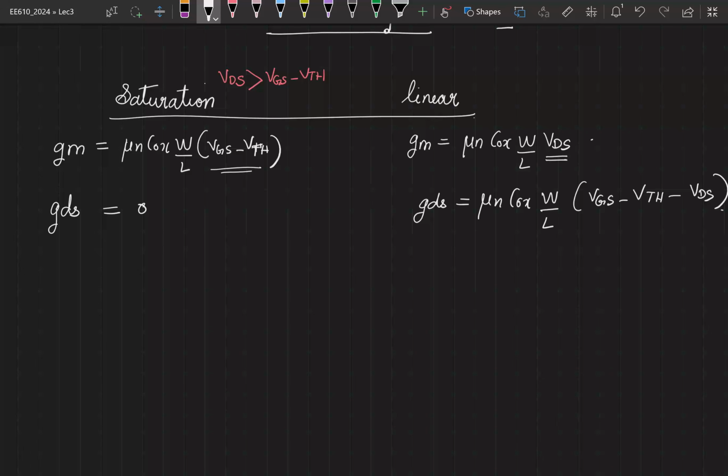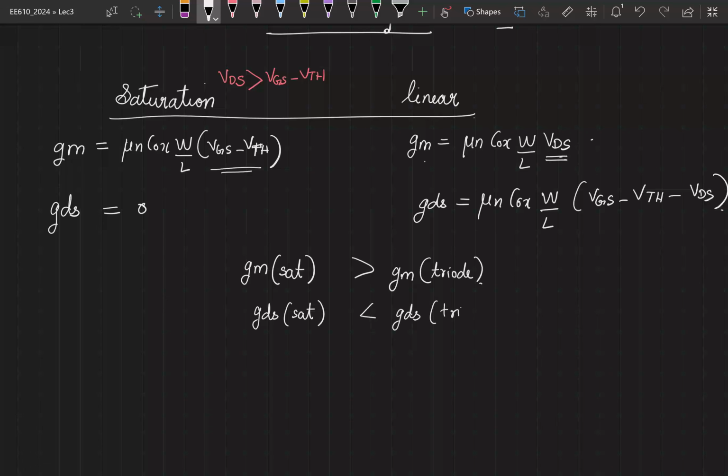For a transistor to be in linear region, which means for this GM to be valid, your VDS has to be smaller than VGS minus VTH, right? So that alone is sufficient to conclude that GM in the saturation region is going to be greater than GM in the triode region, right? Similarly, the GDS in the saturation region is going to be smaller than GDS in the triode region.